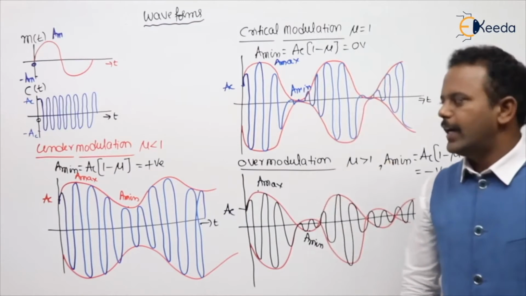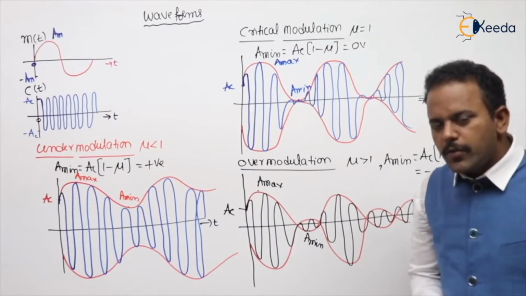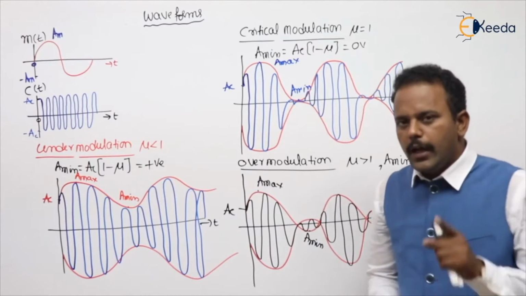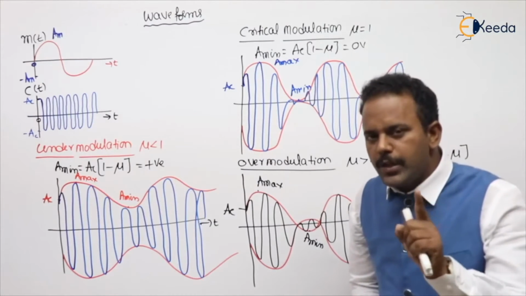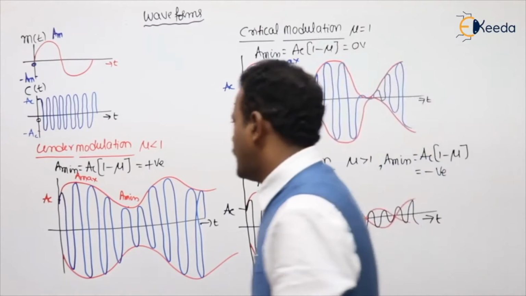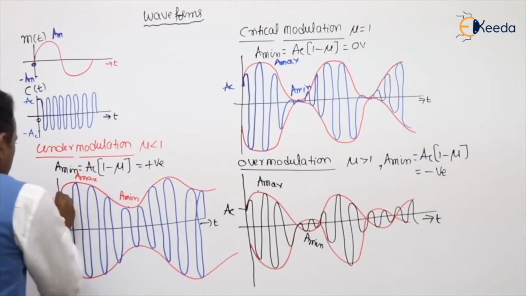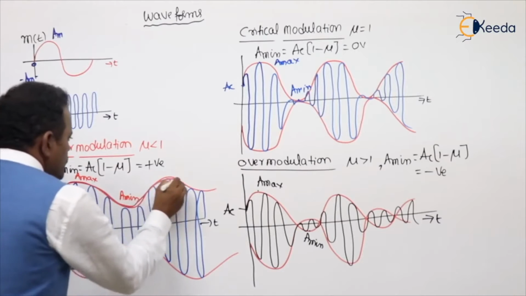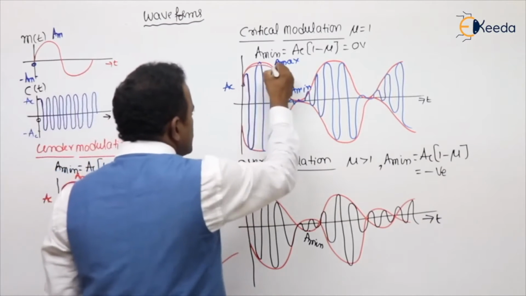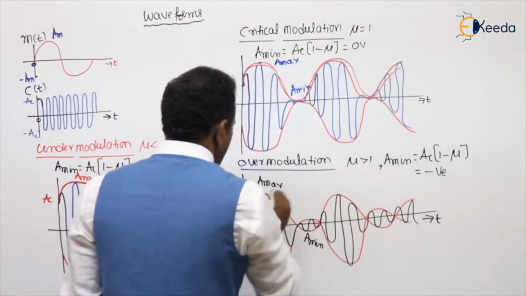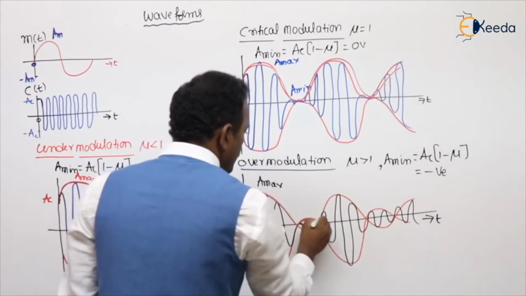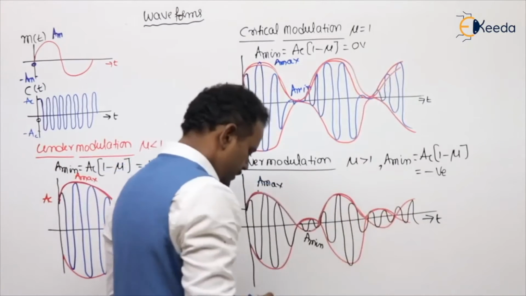After observing that, try to see the positive envelope of AM, in which cases positive envelope is equal to our message. Maybe shifted above, don't bother about the DC value. This is the positive envelope, this is the positive envelope, this is the positive envelope in the over modulation case.